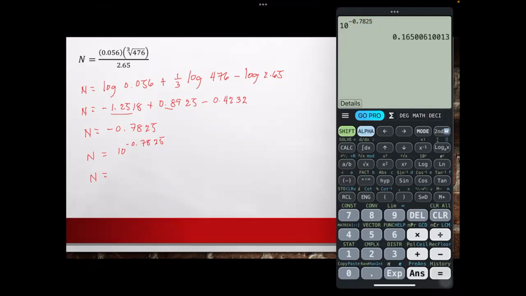And the answer will be 0.1650. So, in this case, hindi natin siya pwedeng i-round off sa full number kasi 0 pa din yung magiging sagot. So, kapag ganito, kuha lang tayo ng up to 4 decimals. So, 0.1650 as the answer.